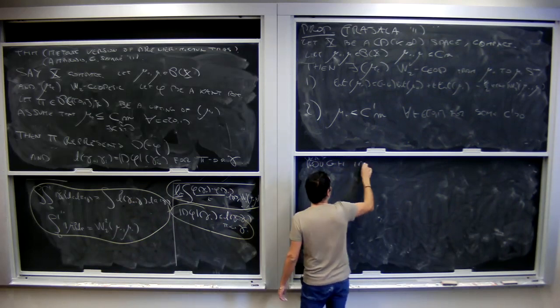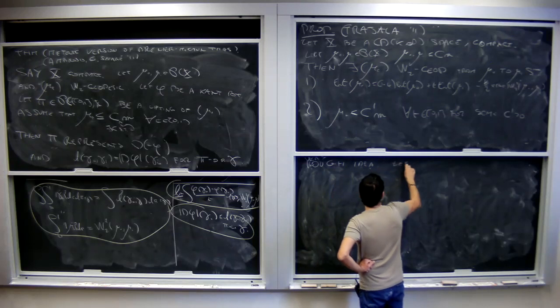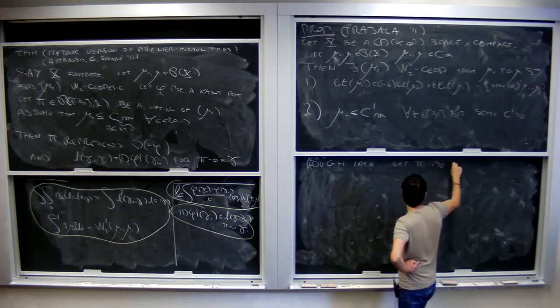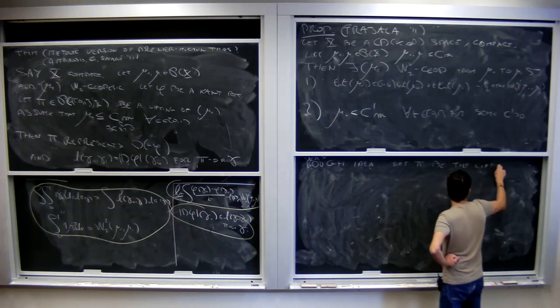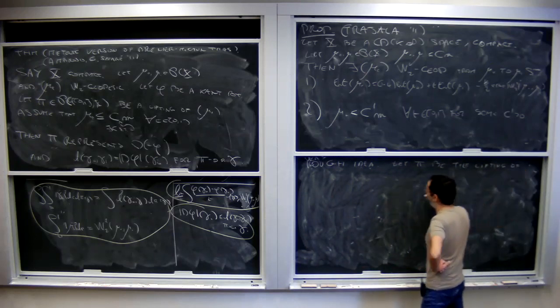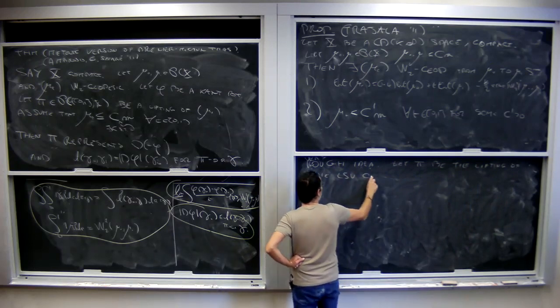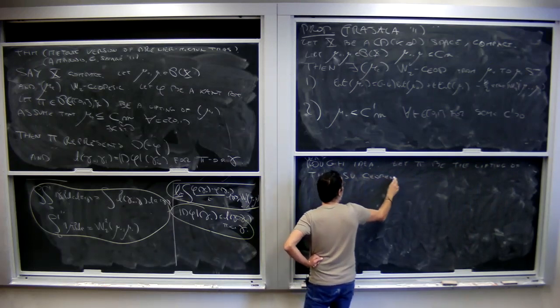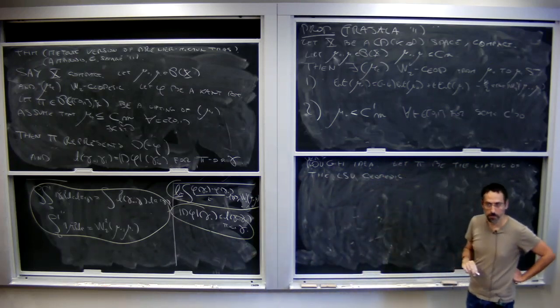Let pi be the lifting of the Lott-Sturm-Villani geodesic, meaning the one that exists because of the Lott-Sturm-Villani condition, the CD(K, infinity) condition.